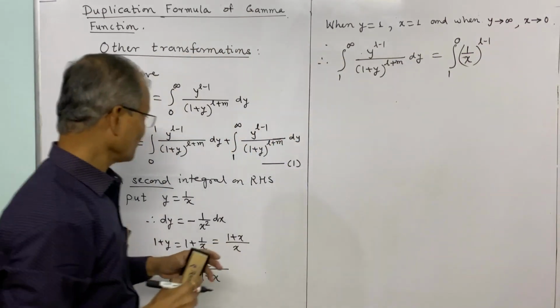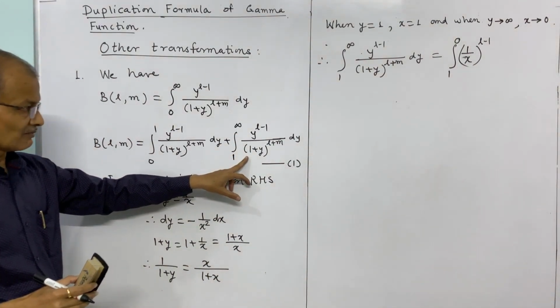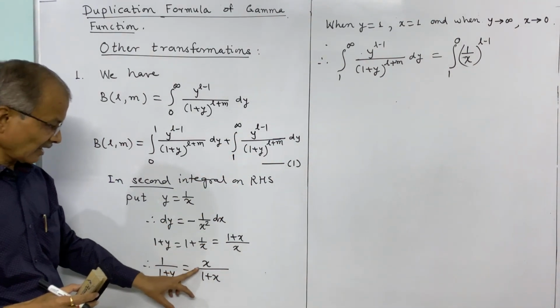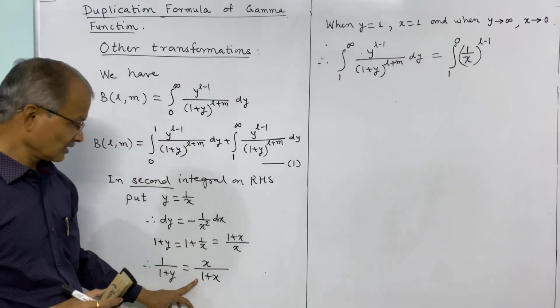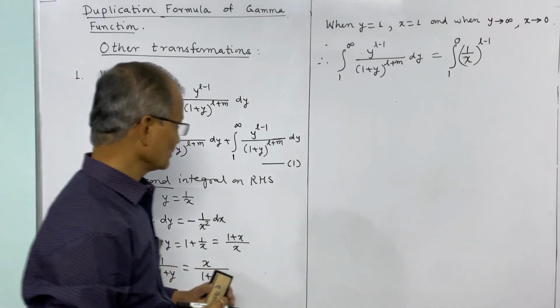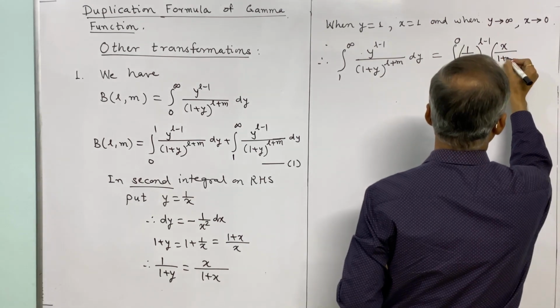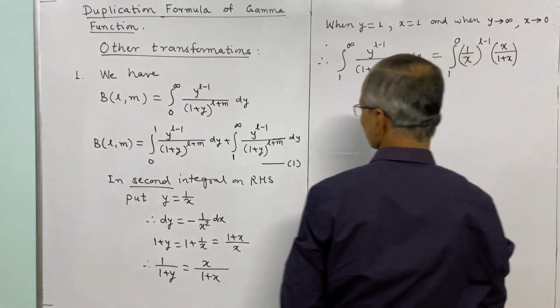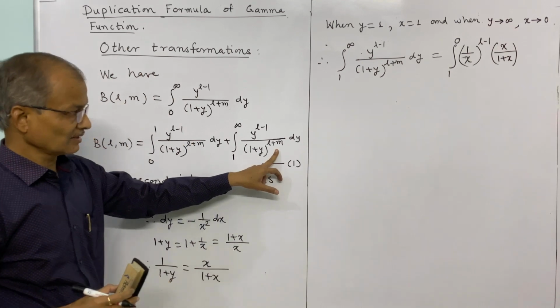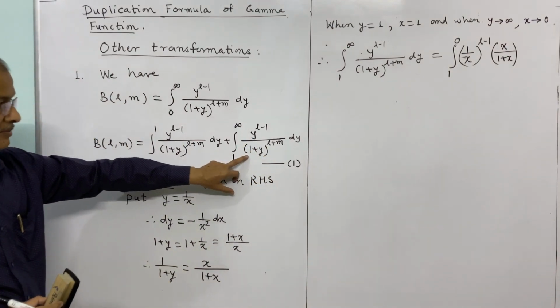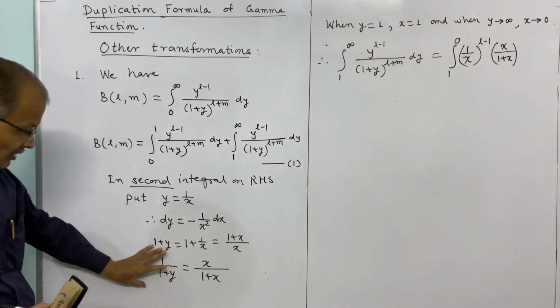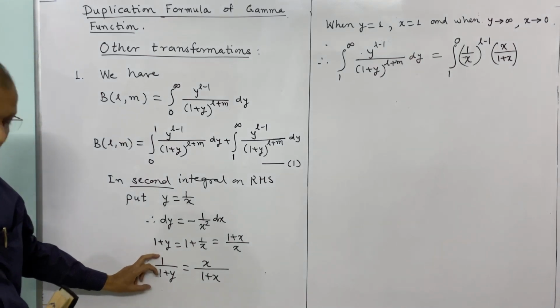And now you see, 1 upon 1 plus y is x divided by 1 plus x. So we write the same, x divided by 1 plus x, raised to the power L plus M, because it was in the denominator as 1 plus y.